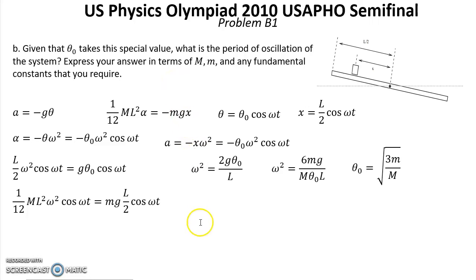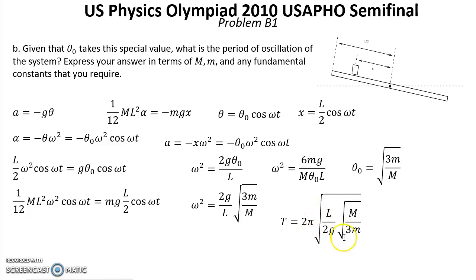So here we already have the expression for ω squared, and we can put this θ0 here. Now we can find that ω squared equals this expression, and from here the total period will be this expression. So that's the answer for question B.